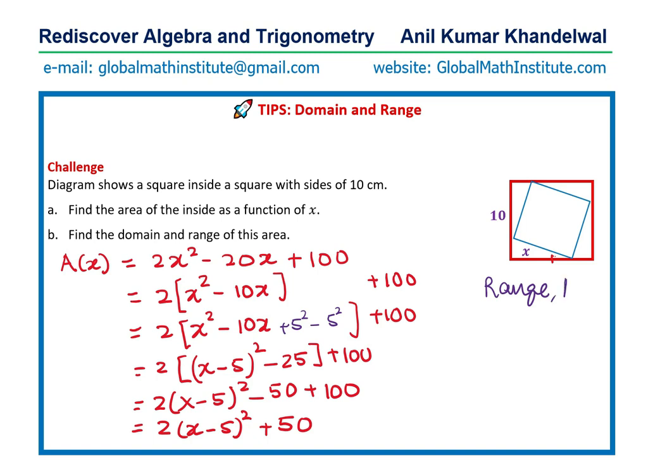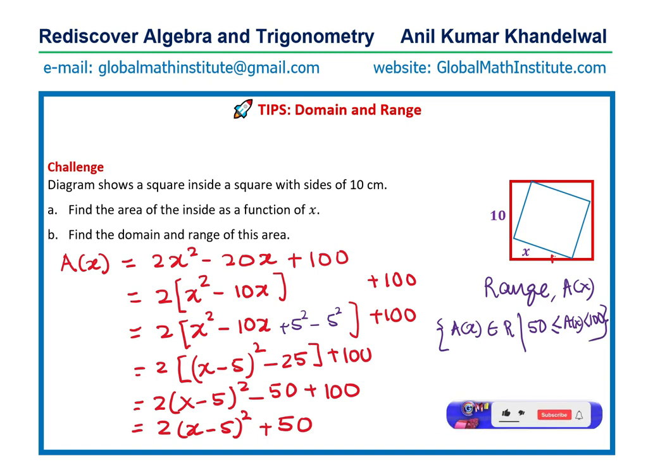So range of the area function, correct, is, since there's very little space here, A belongs to real numbers where it is between the minimal value of 50, right? And the maximum is 100, which is the area of the outer square. So I hope with this the concept is absolutely clear.